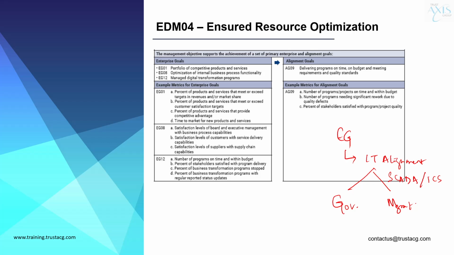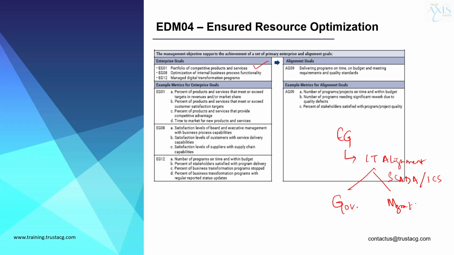The first enterprise goal is around a portfolio of competitive products and services. This goal ensures that the organization allocates resources to develop and maintain the products and services that would keep it competitive in the market.